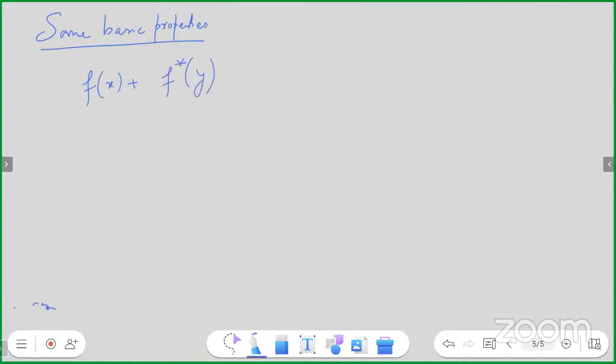Some basic properties. This is really the reason you're calling them conjugate pairs. So you look at f of x plus f star of y, making sure that you can actually add these.